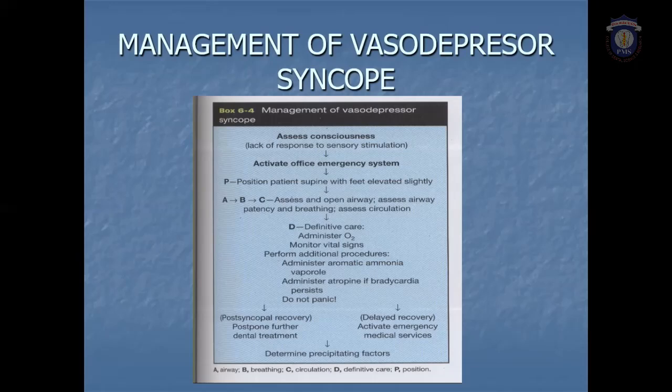Definitive care: administration of oxygen, monitor vital signs, perform additional procedures like administering aromatic ammonia vaporole, and administer atropine if bradycardia persists. Do not panic. Post syncopal recovery: postpone further dental treatment. Delayed recovery: activate the emergency medical service and determine the precipitating factor.